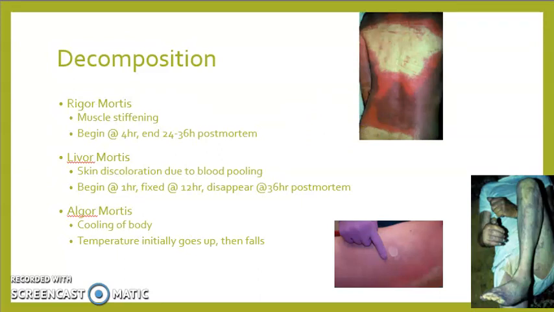So you need to know these three things that happen after death. And most of these really start immediately because if you think about it, one of the things we'll talk about later in the semester is cause of death and manner of death. The cause of death is ultimately always the heart stops beating. You're really asking what caused the heart to stop beating. But when the heart stops beating, gravity is the only thing acting on the blood.